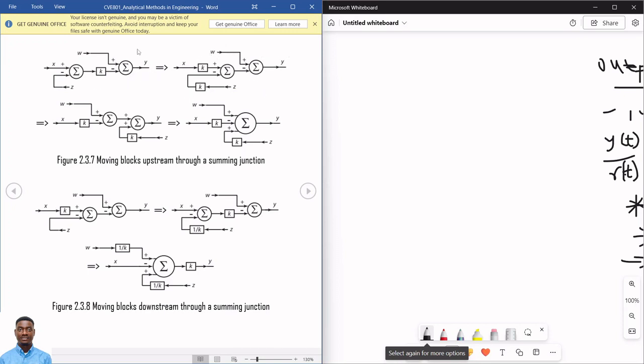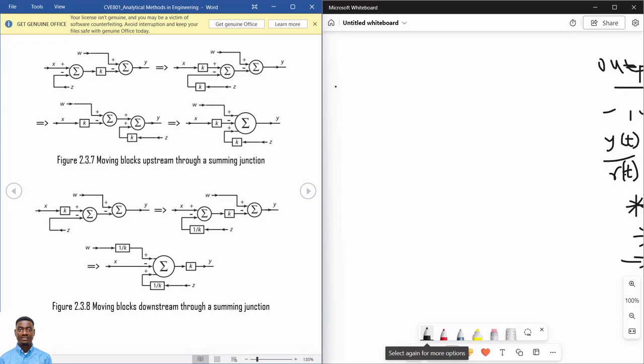For instance, the mathematical model of this block diagram here is this. Y is the output, so x minus z goes into k.